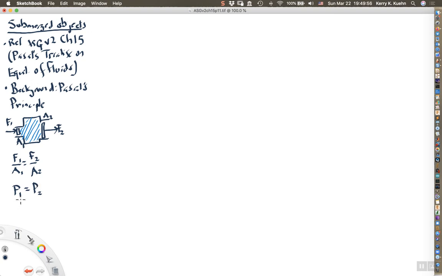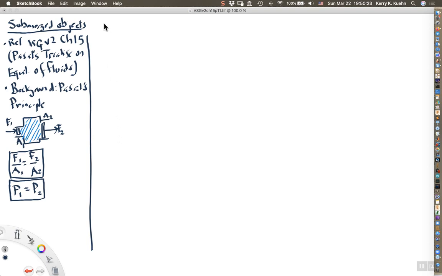That is, any kind of pressure that you're applying to this fluid gets distributed evenly throughout the fluid and applies the same pressure on the other side. So you can think about it in terms of forces per unit area, or you can think about it in terms of pressure being applied in the fluid as being distributed uniformly throughout the fluid. Okay, so that is some of our background material.